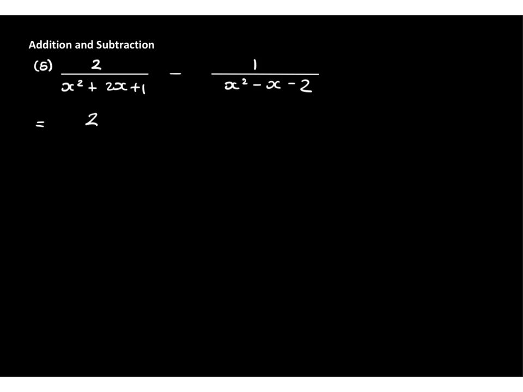So in each of these cases, the denominator needs to be factorised, ideally, before we look at finding a common denominator. We could, in theory, make a common denominator of these two quadratics, but it might not be the lowest common denominator, in which case we create more work for ourselves.